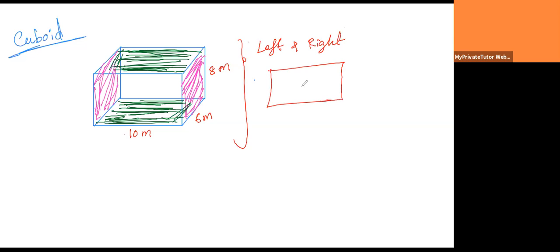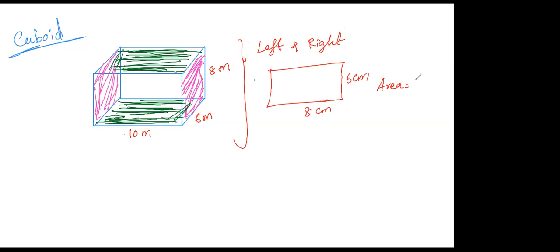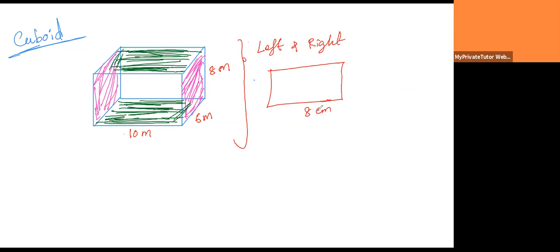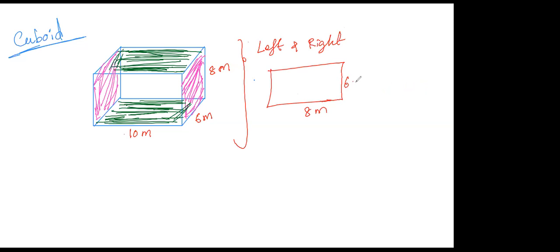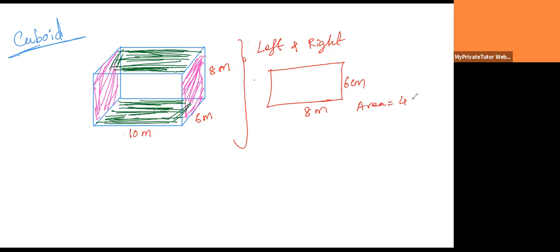So what are the dimensions of the left and right rectangle? 8 and 6. I hope you guys agree. And what is the area? 48. It is meters, right? 48 meters square.